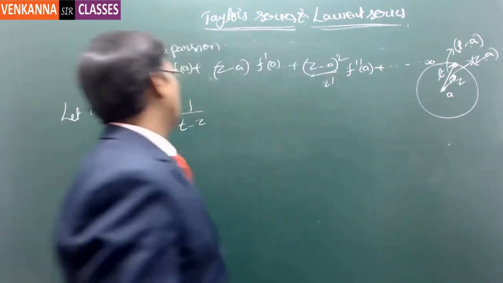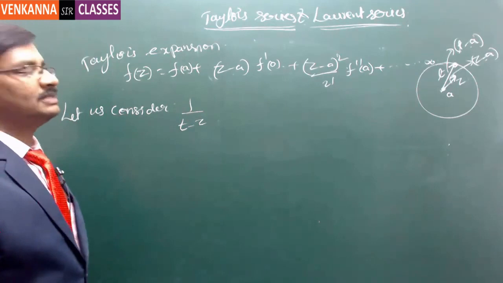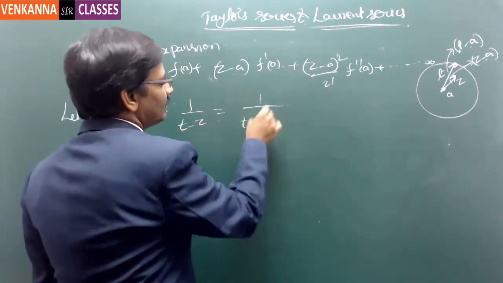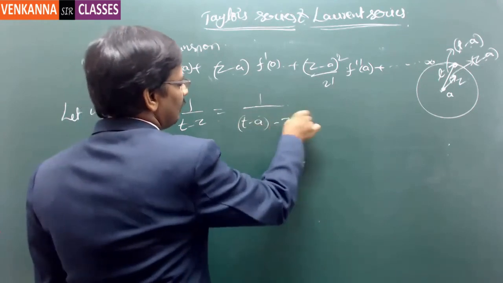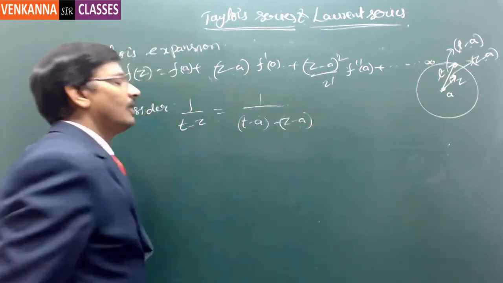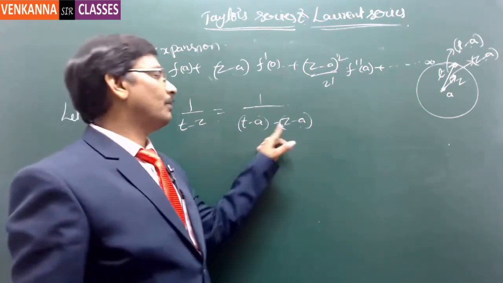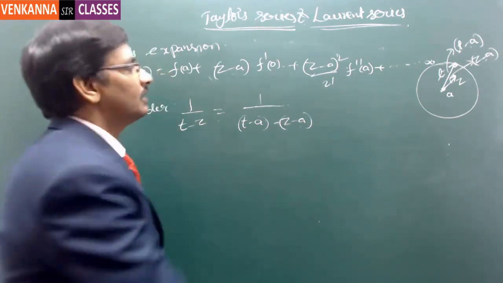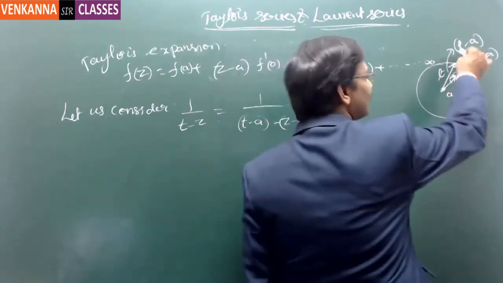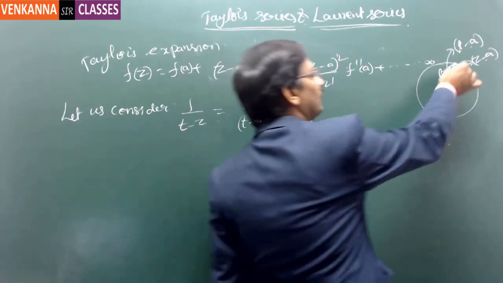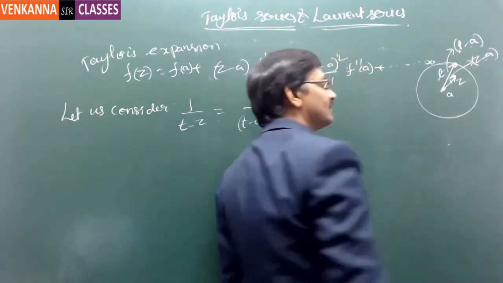Now let us consider 1 by t minus z. This t minus z can be expressed as 1 by (t minus a) minus (z minus a). So I have added a and subtracted a. Now here the z minus a value is lesser than the t minus a value, because the line length from a to t is more and a to z is less.